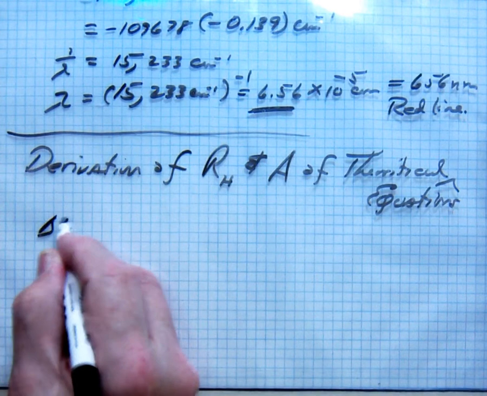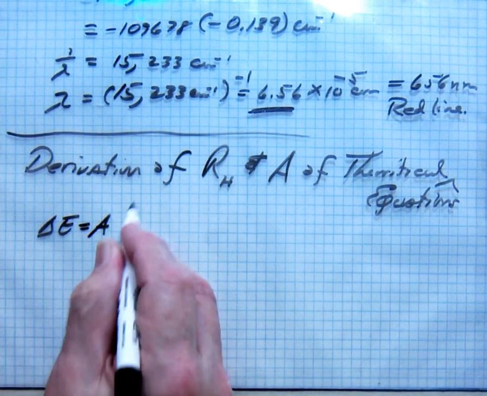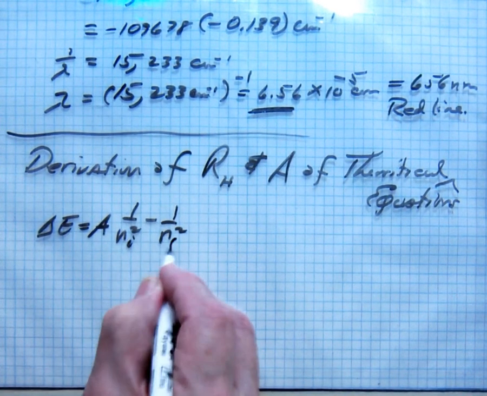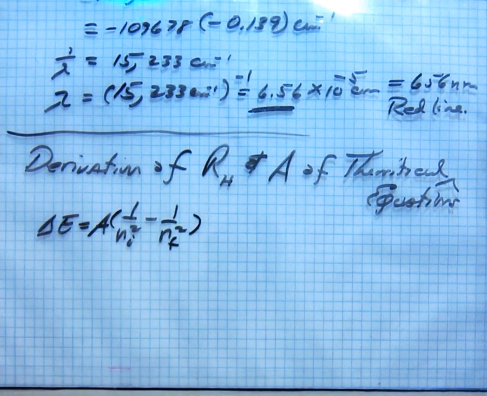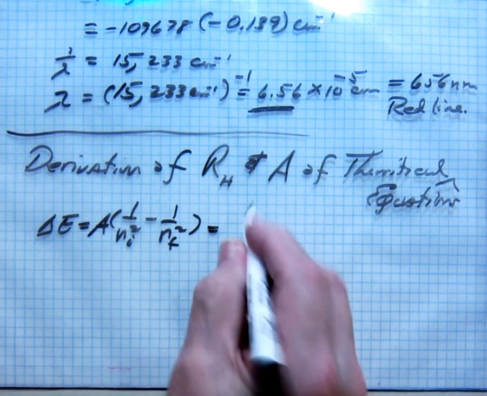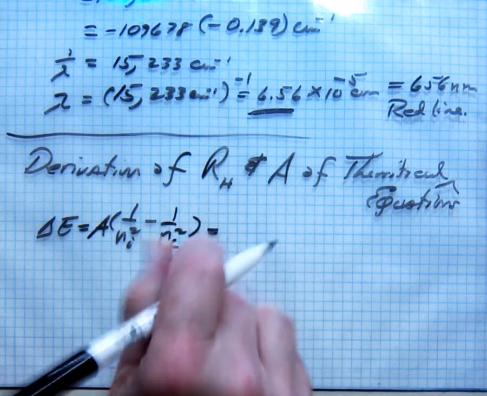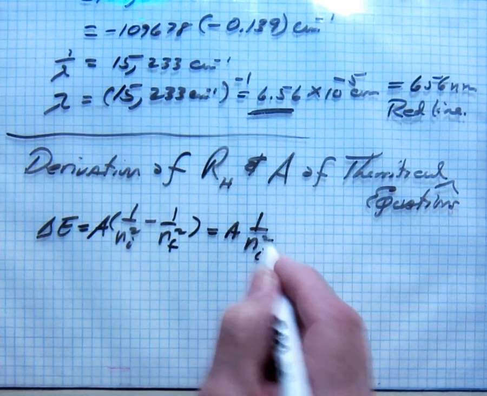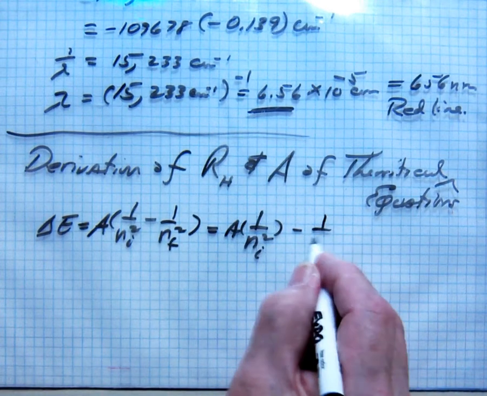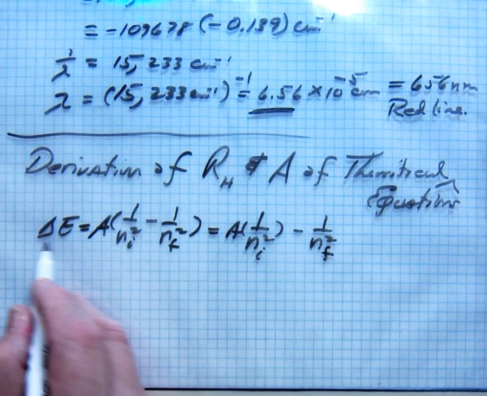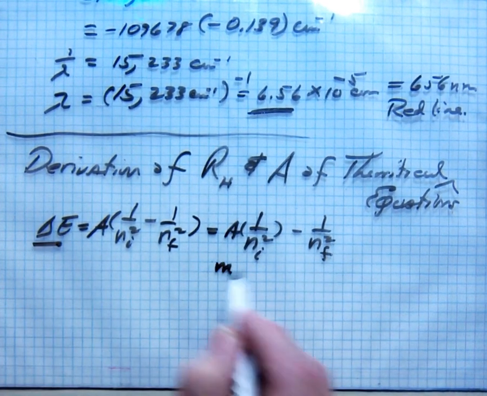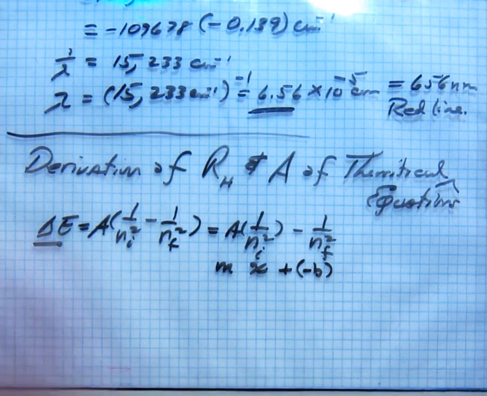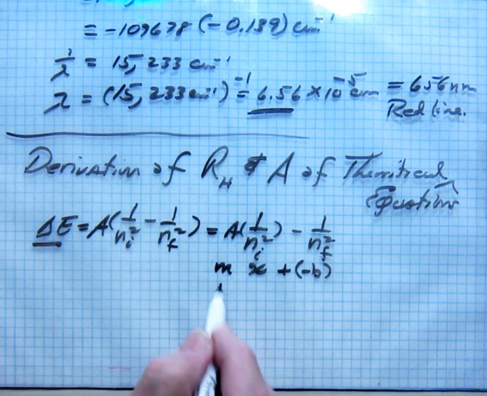The Rydberg energy equation is equal to A times 1 over n squared initial minus 1 over n squared final, like that. Well, this is of the form y equals mx plus b. So you have an energy number at m, x, and plus minus b, which is irrelevant. What you're looking for is, what is this m value?